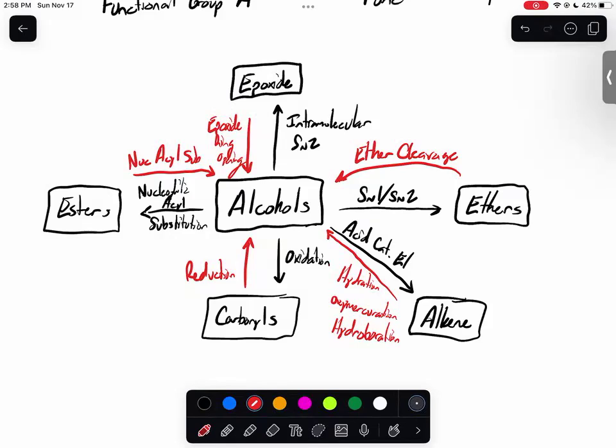All right, with that being said, this entire idea I'm going to post on Canvas, but I'm going to give the entire functional group reactivity web. So keep in mind that the actual web here is going to be posted on Canvas.